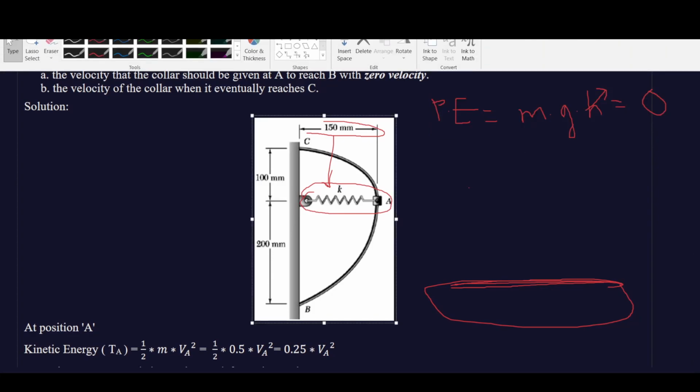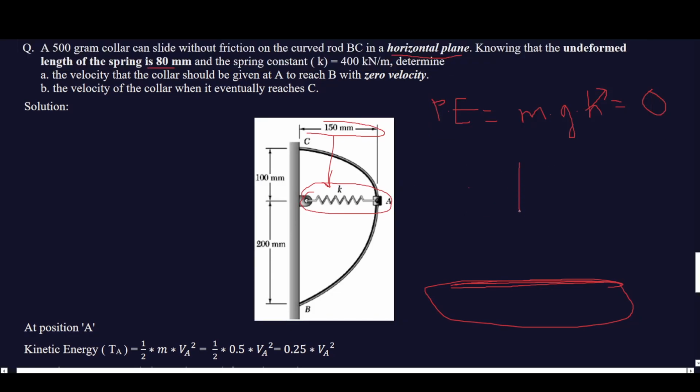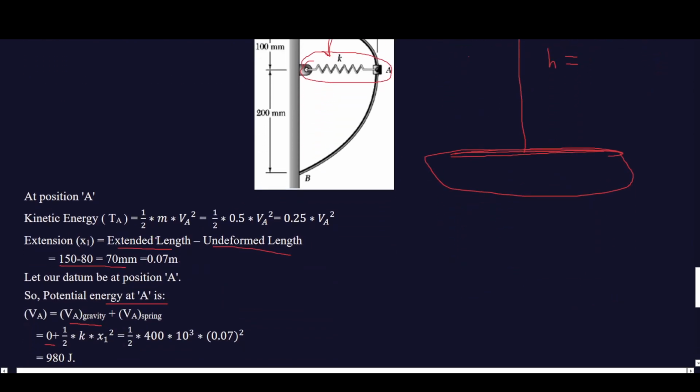But if the collar is sliding in the vertical plane, there will definitely be some value of h, and so some potential energy. In this case the collar is sliding in the horizontal plane, so the potential energy due to gravity becomes 0.